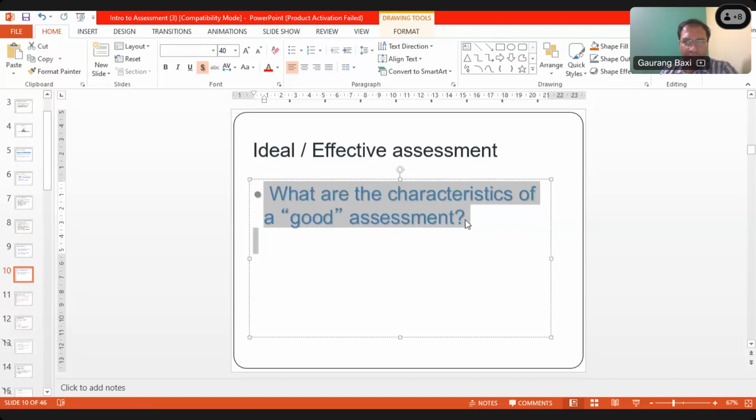Okay, can we have your points, please? How should an ideal assessment be?